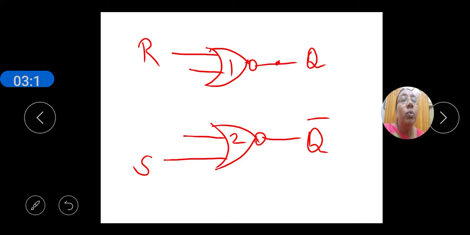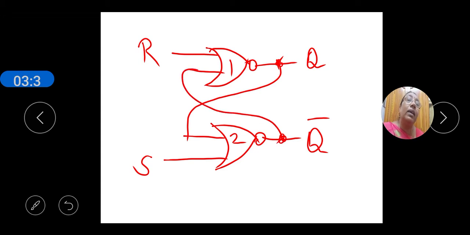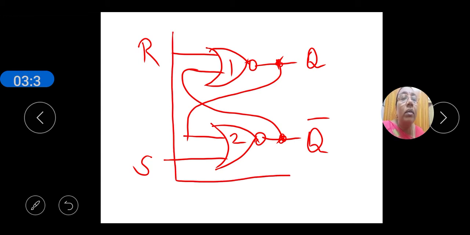Now, the output of the first NOR gate is connected to the input of the second NOR gate, and the output of the second NOR gate is connected to the input of the first NOR gate. So, this is the RS flip-flop, and you can represent this in a box.